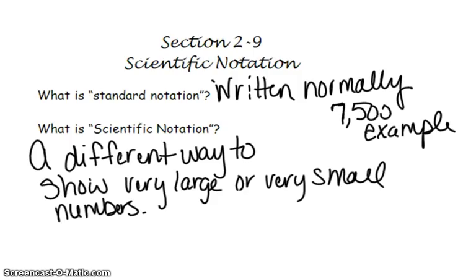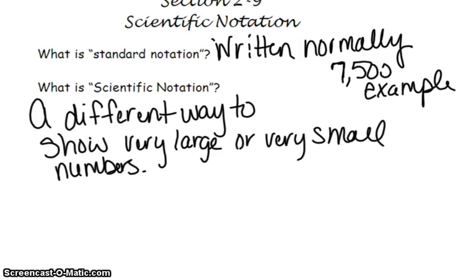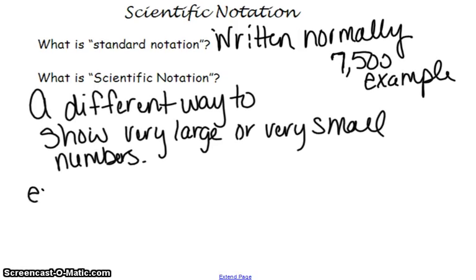There's some rules to it. So I'm going to start with an example. We're going to do 2.7 times 10 to the 5th.